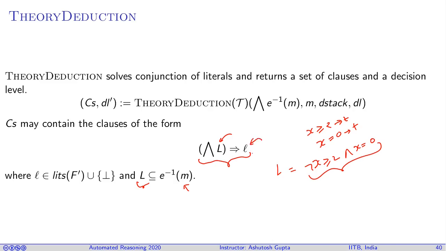This literal can either be one of those elements that appear in the input formula, or it can be false. So what a theory deduction can respond is that the conjunction of your literals that are already true implies another literal that appears in the formula, or it can tell you that the literals you already have imply false.